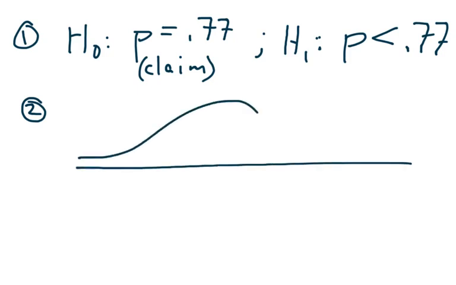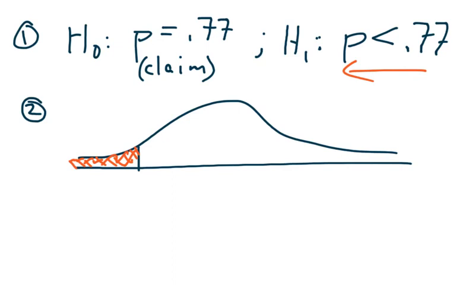Here's our Z distribution, basically. And we're going to say this. Look, if we are in the rejection region here, that means that the true proportion is significantly lower than 77%.